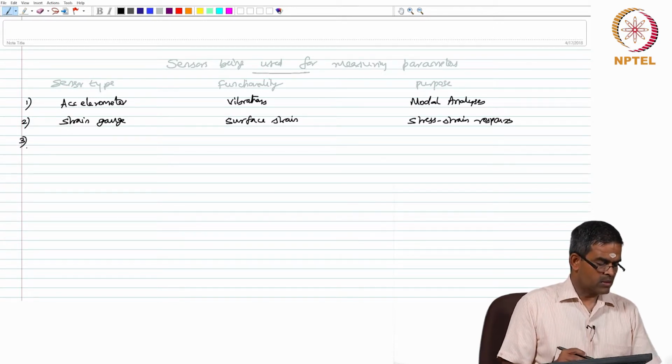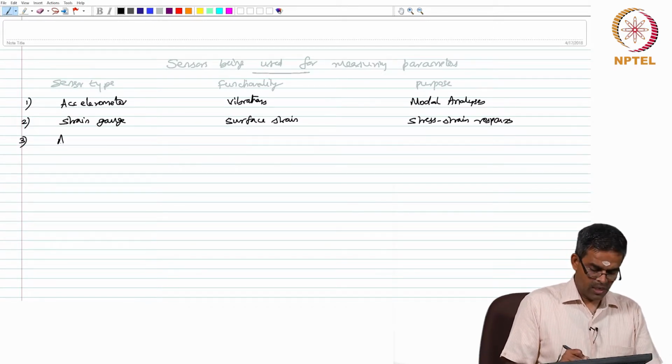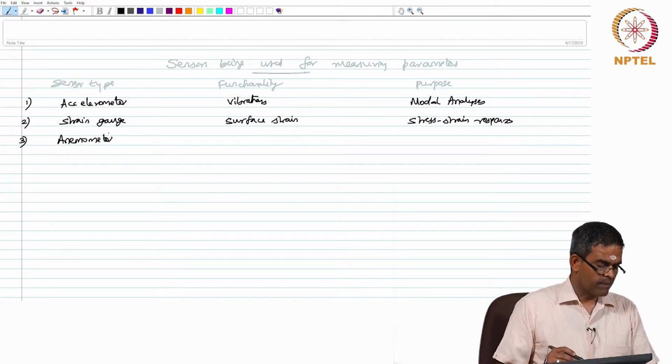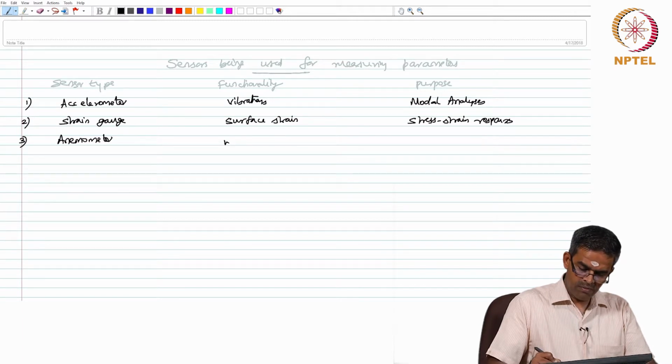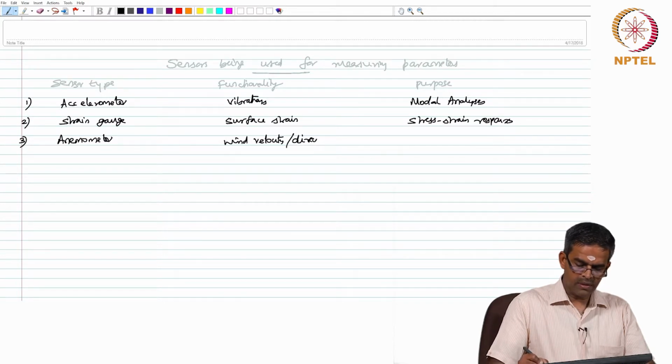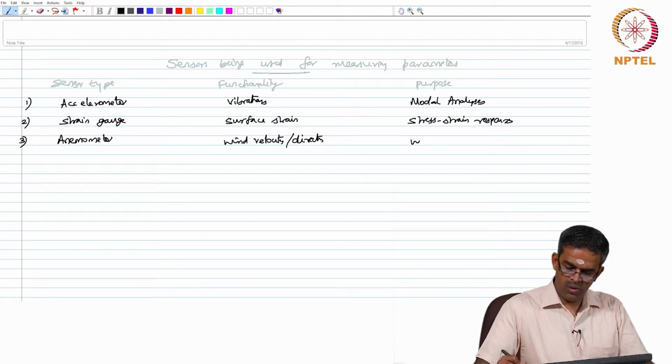The third sensor type could be anemometer, which can measure wind velocity and direction, useful in wind load assessment.